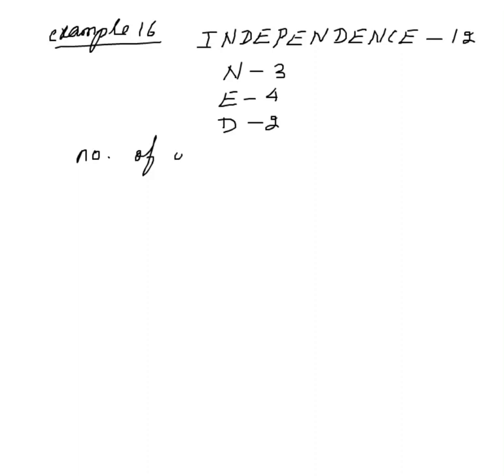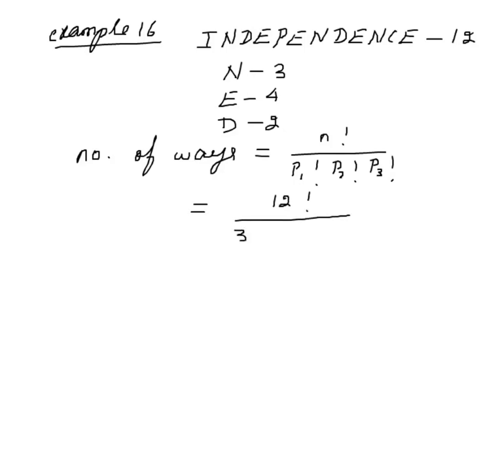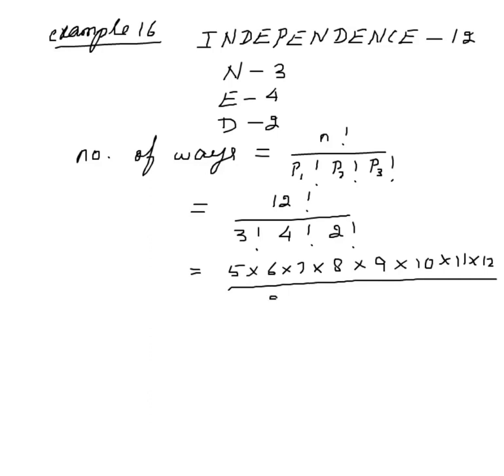Therefore, the number of ways is equal to, we will use the n factorial by p1 factorial into p2 factorial into p3 factorial formula. So n here is 12. So 12 factorial divided by, we have 3 N's, 4 E's and 2 D's. Let us simplify this answer. Cancel 4 factorial. 5, 6, 7, 8, 9, 10, 11 and 12 divided by 3 factorial into 2 factorial.